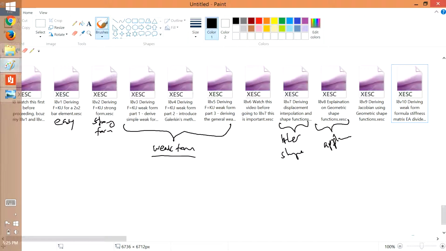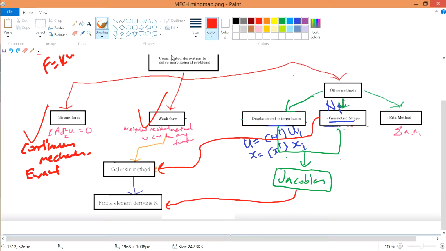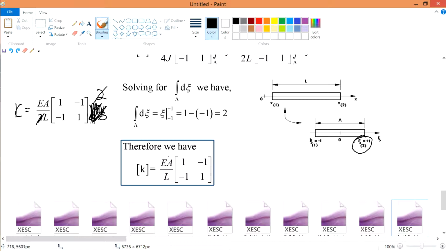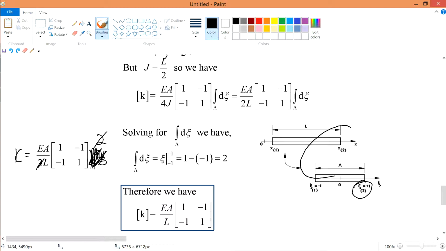We actually prove to you the Jacobian factor, and we also tell you that it will later be utilized together with your Galerkin's method, the equation that we have shown you over here using the Galerkin's weak form method, to finally derive K equals EA over L, your stiffness matrix for simple bar element systems.